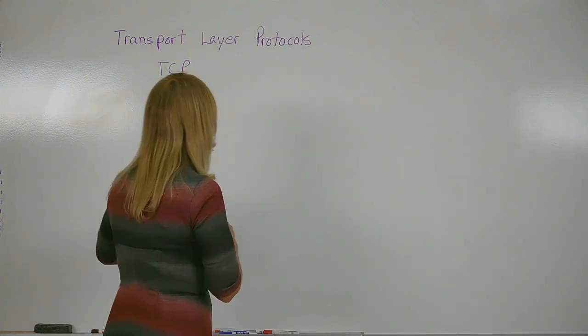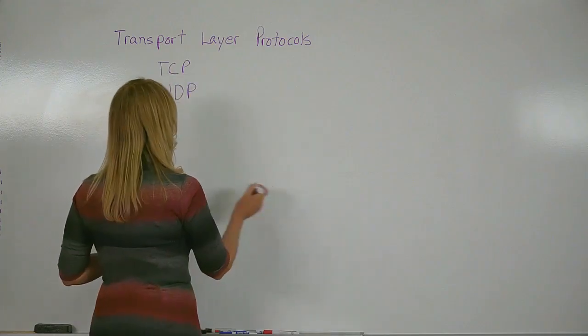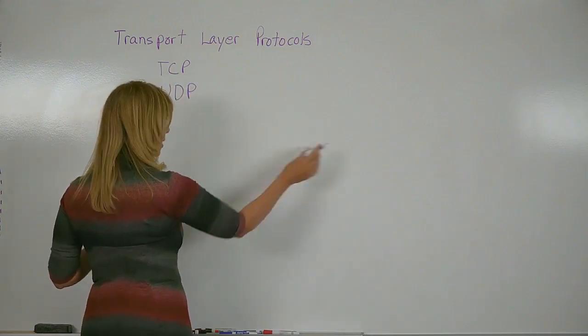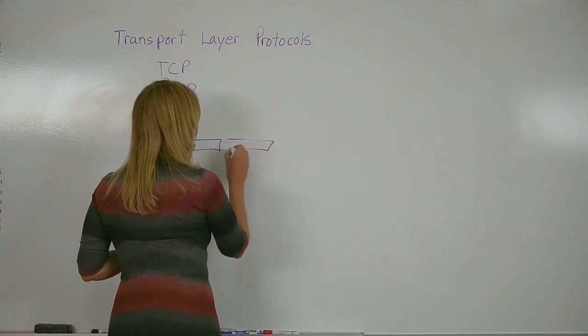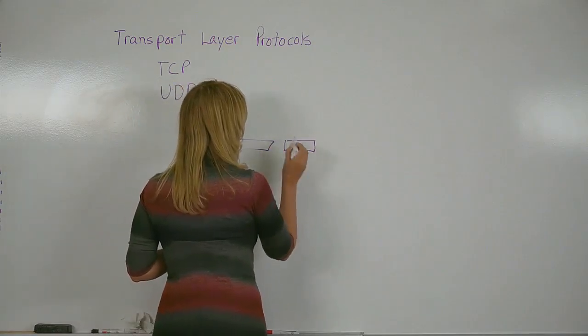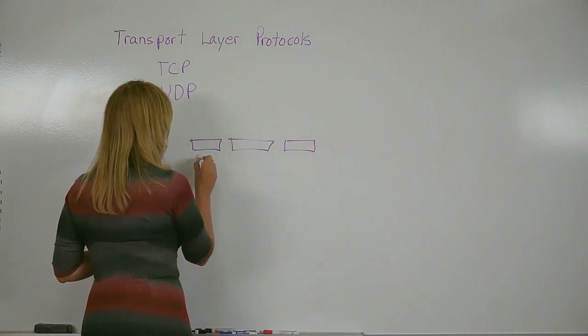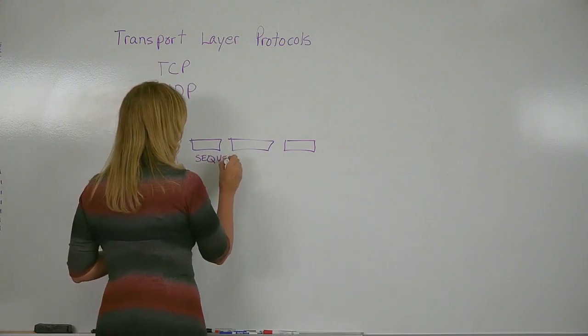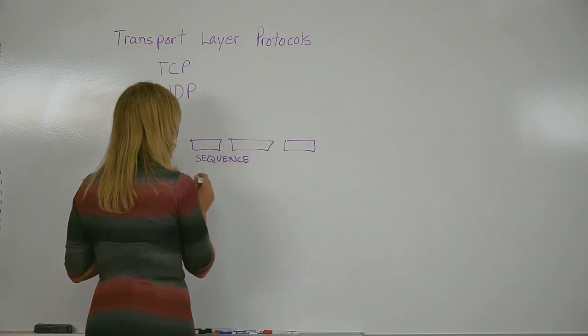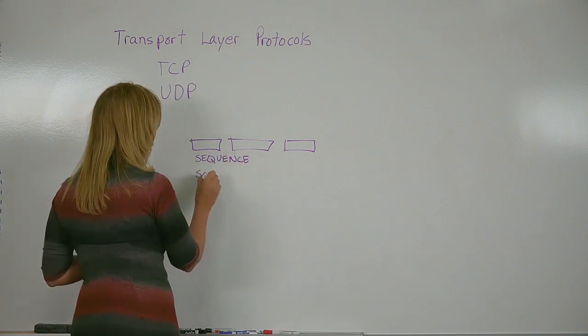So in TCP communications, we have a source and a destination, just like we did in UDP communications, but each TCP segment has a sequence number in addition to the source and destination port numbers.